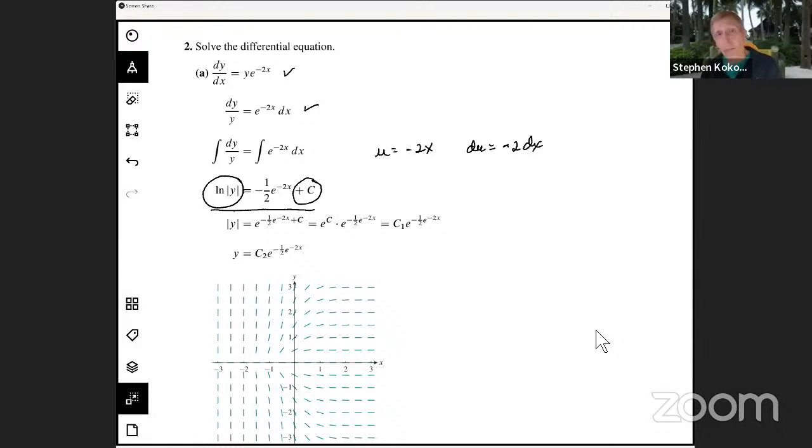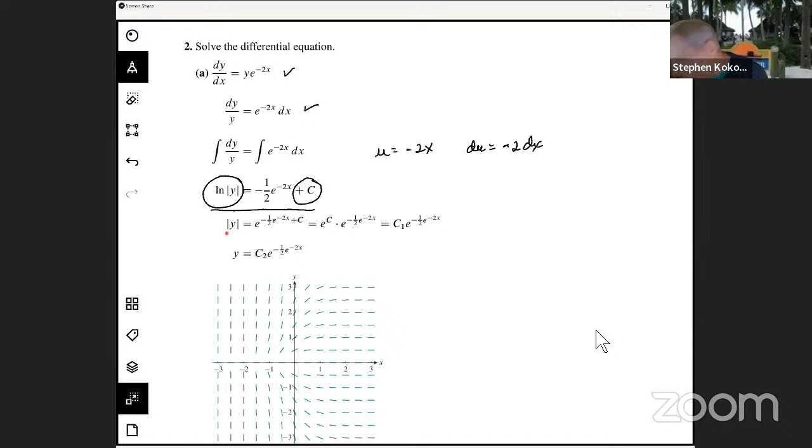Not a silly question, but sometimes we get this one. Well, really, when I find the antiderivative on the left and one on the right, there's really two constants. Agreed? But I've combined all of those and brought it over to the right-hand side. So now what do I do to isolate y? What do I do to get an explicit expression for y? Well, I'm going to exponentiate both sides.